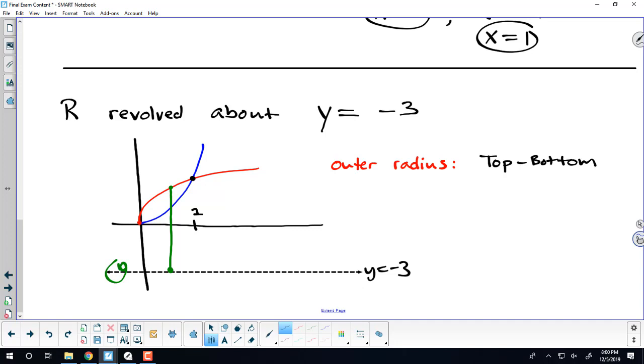So that's our square root minus the bottom, which is -3. So there's the outer radius this time. The inner radius, similar situation, top minus bottom, the bottom being -3, so x squared minus -3.